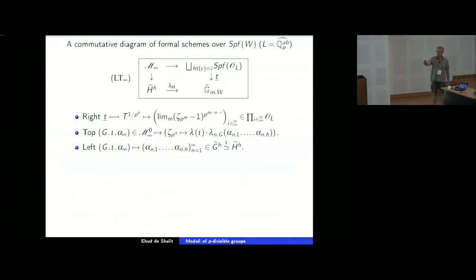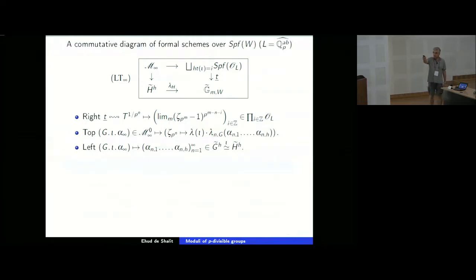and a point of M infinity, so I'm now explaining the top map, which is this thing, okay? So a point of M infinity over some ring R, I'm not writing down the R, is a triple G, iota and a level infinity structure, alpha infinity.